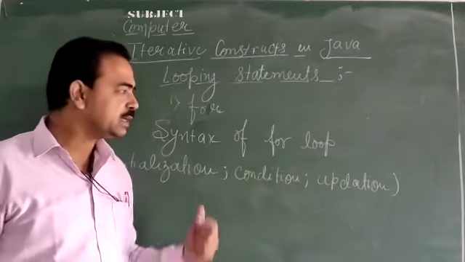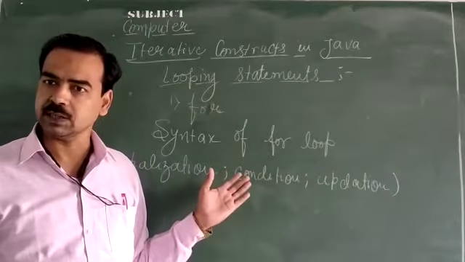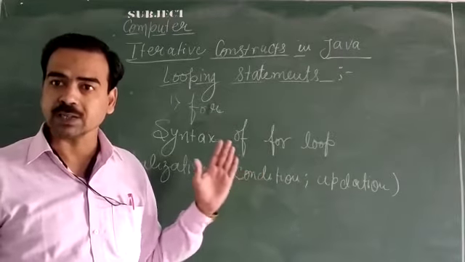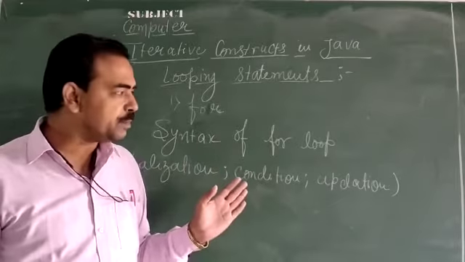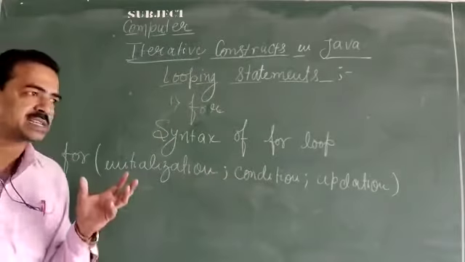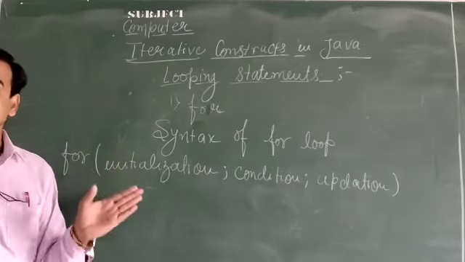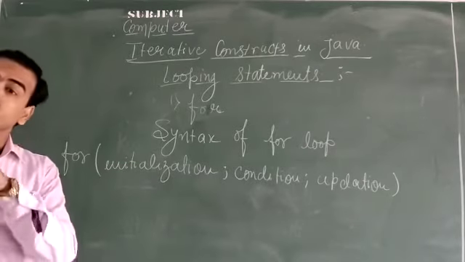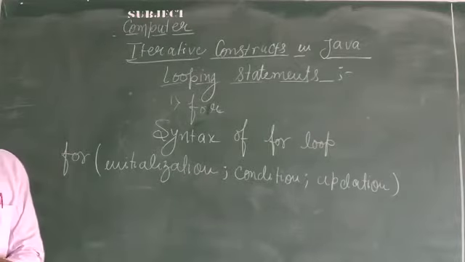We can skip the updation part from the for statement. Okay, no problem. But remember, whatever section you are skipping, you still have to put the semicolon, because places are decided.